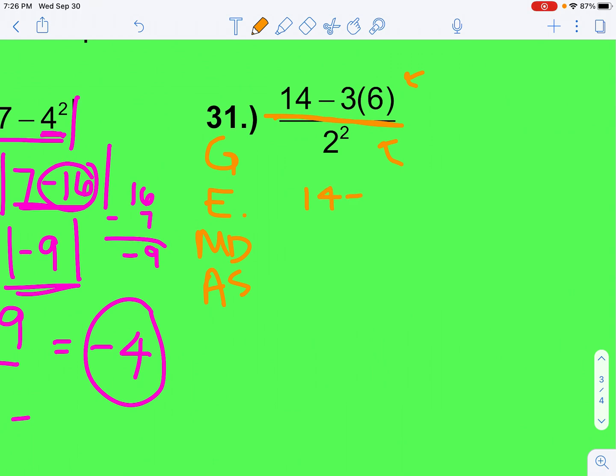I see in the bottom I have an exponent, so I'm going to rewrite the top. 2 squared gives me 4, so I'm done with exponents. Now we need to simplify our top. So I have to multiply and divide first. So 3 times 6 is 18. This is all over 4.